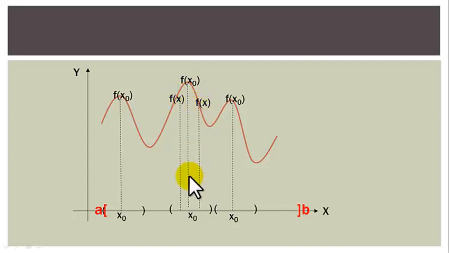So the point x0 is a local maximum point. Similarly, this is a local maximum point, and this is also a local maximum point. And clearly here the maximum of all these local maximums is this point. So we can regard this one as the global maximum point.